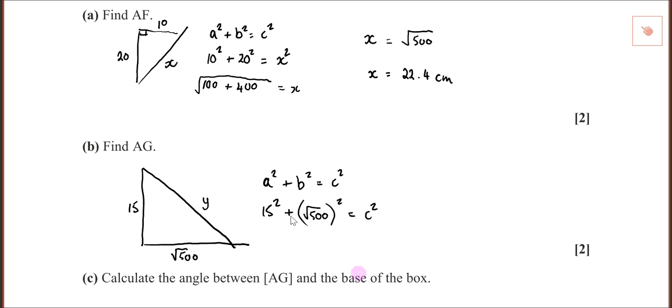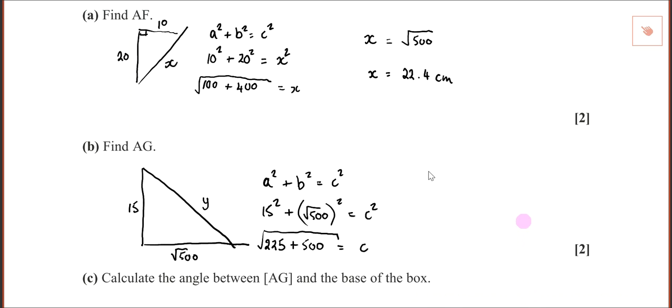Ideally, though, I do that because 15 squared is 225, but the square root of 500 squared is 500. That makes it nice, just to work. And then I'm going to do the square root of all that to find c.